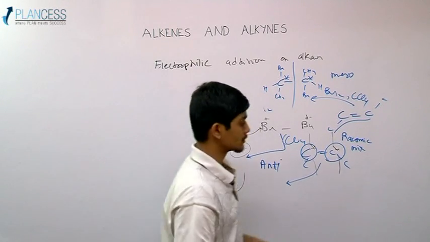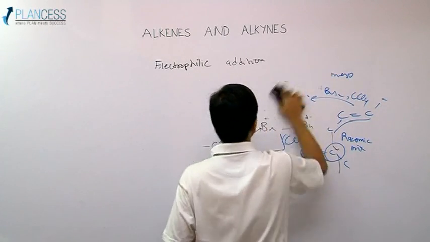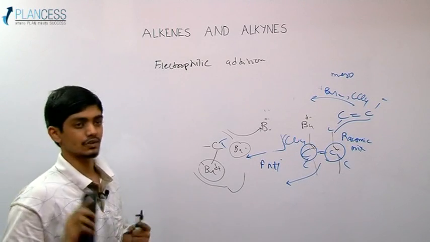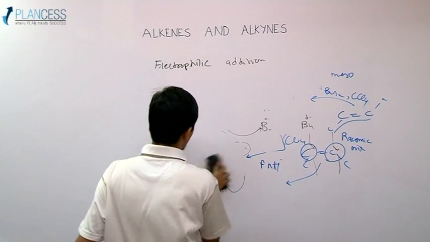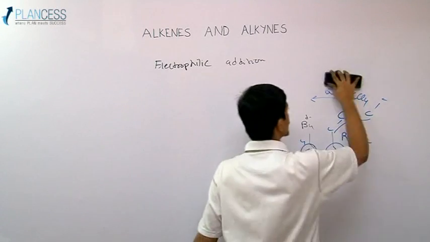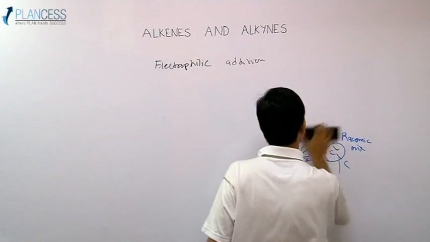Now let us see some of the oxidation reactions. One addition reaction is still left, that we will discuss after the oxidation reactions. So the first oxidation reaction of alkene is with aqueous KMnO4. Now with KMnO4, alkene has got two reactions.